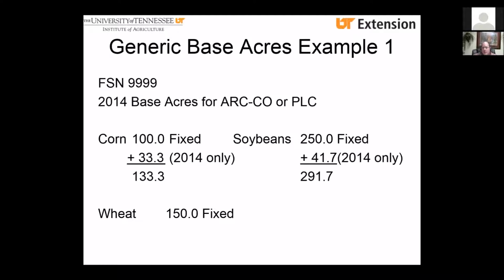For beans, we would take the 250, that was the fixed base, and add the 41.7 acres of base. And again, that's just for 2014. So our new payment base is 291.7. And then we still had a wheat base that was fixed. Even though we didn't plant wheat, we still have that base, and so we have a 150 acre payment base for wheat.